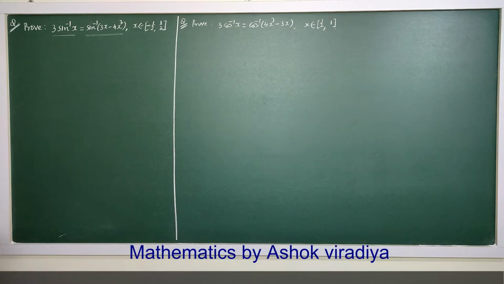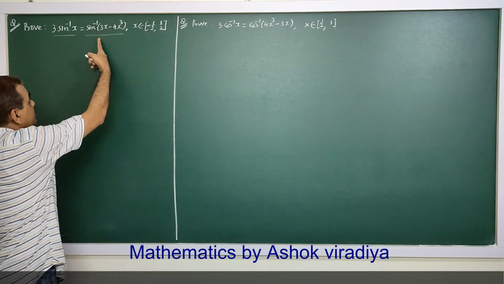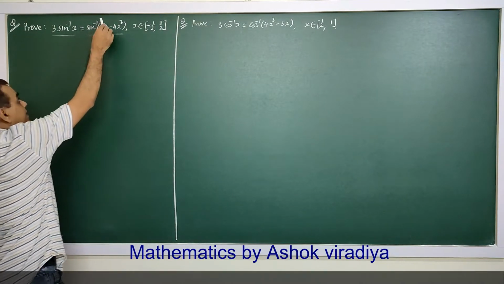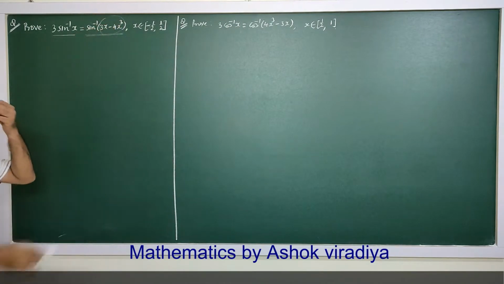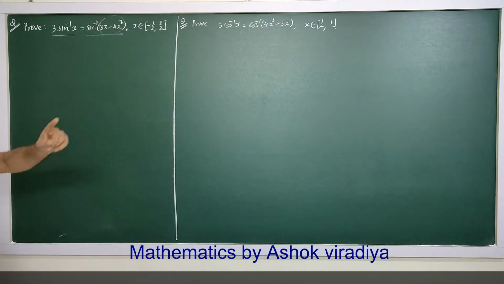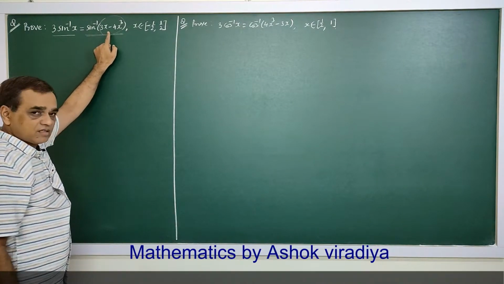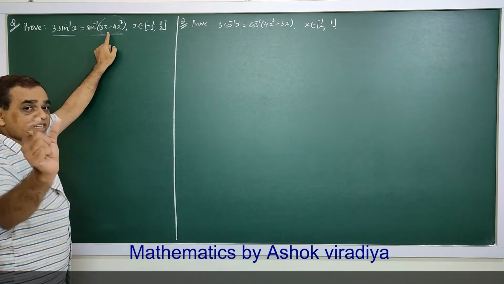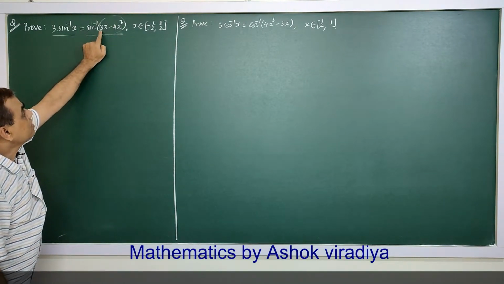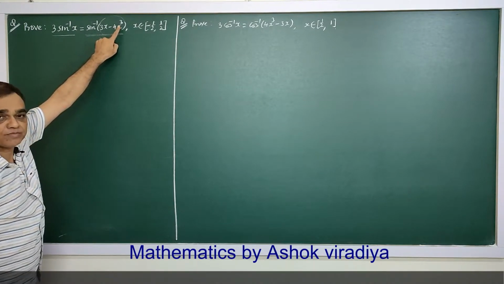So here the method is, if you observe the right hand side, the inner part matches a trigonometric result. There is a formula in trigonometry: 3 sine theta minus 4 sine cube theta.